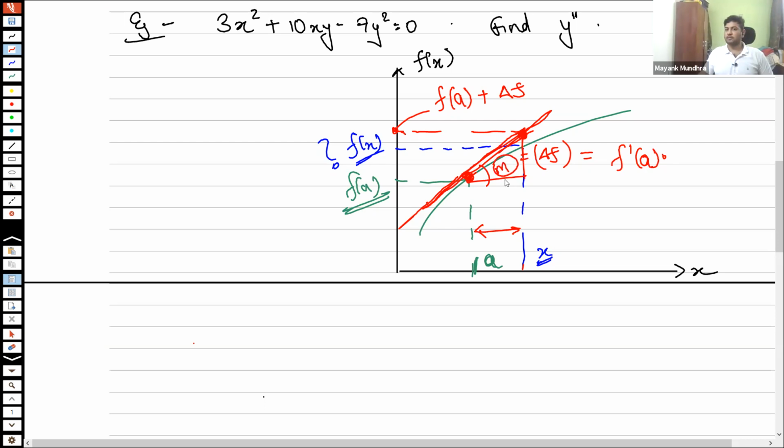Slope m is delta f upon x minus a, and slope is nothing but f prime at a. So delta f becomes f prime times x minus a.